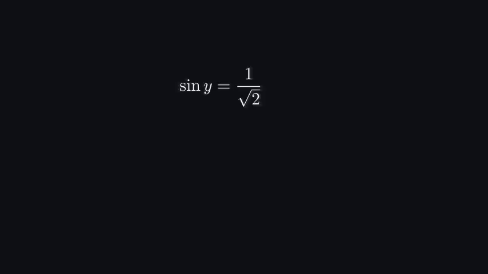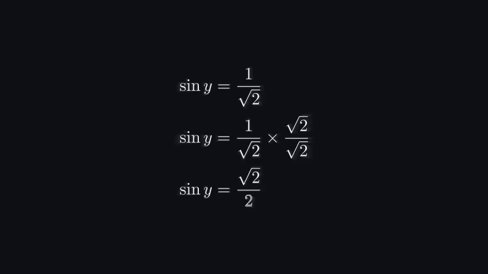Sin of y equals 1 over the square root of 2. Sin of y equals 1 over the square root of 2 times the square root of 2 over the square root of 2. Sin of y equals the square root of 2 over 2.